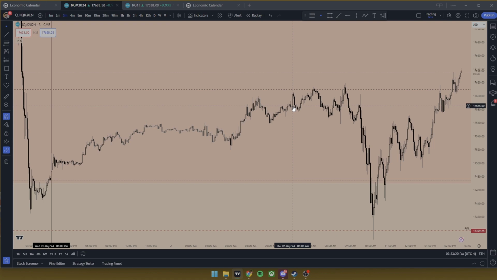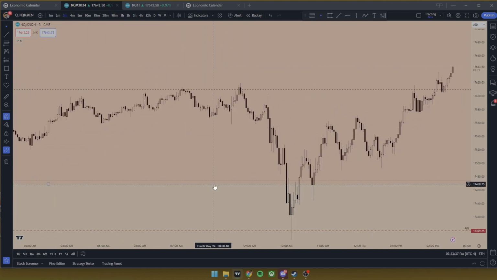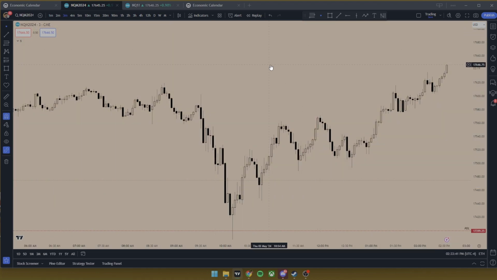You can see in this case, we're anticipating mean threshold to be respected and to sell off to our draw on liquidity. We have a consolidation down here, and this marks previous day's low, a clear and obvious draw on liquidity with all of these relative equal lows and a daily low resting right here. So we're going to remove this from our chart here.